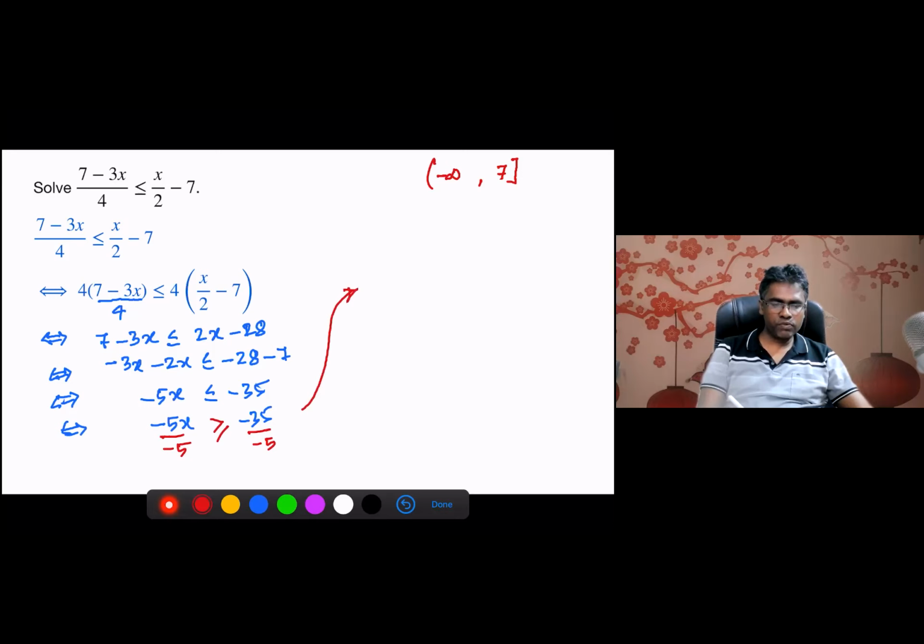So then what would happen? On the left-hand side you are left with x, and on the right-hand side you are left with 7. So then what should be your solution set? Any number greater than or equal to 7.